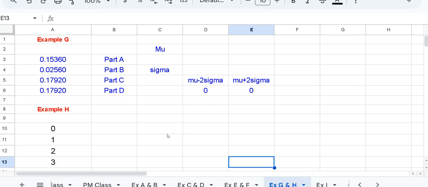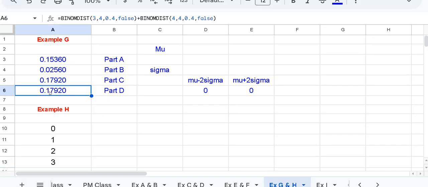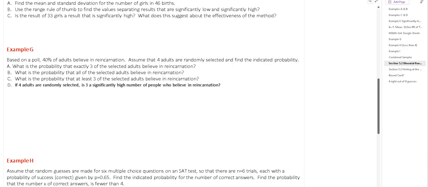All right, but that's not the answer for part D. Part D is one more thing. So let's move on to the last part here. If 4 adults are randomly selected, is 3 a significantly high number of people who believe in reincarnation?